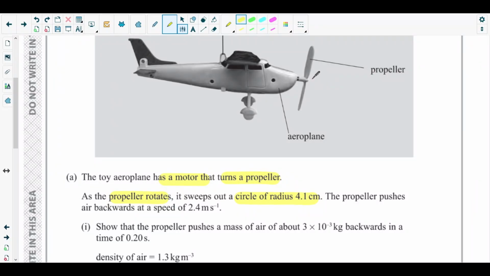As it rotates, it is sweeping out a circle of 4.1 centimeter radius. The propeller pushes air backwards at a speed of 2.4 meter per second.